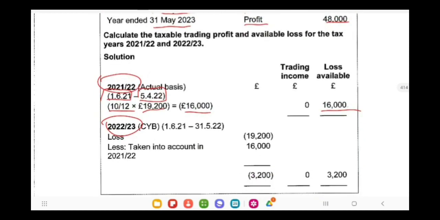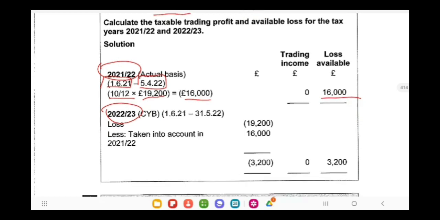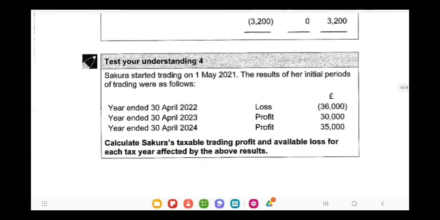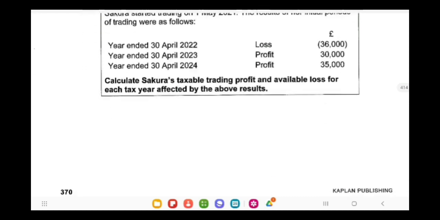Out of this loss, 16,000 is to be recorded in the tax year 21-22 and 3,200 in the year 22-23. The same applies in your test understanding 4, in which you have to consider from 1st May to 30th April this amount of 36,000. 11 months of loss is recorded in the year 21-22 and the remaining will be recorded in the next year.